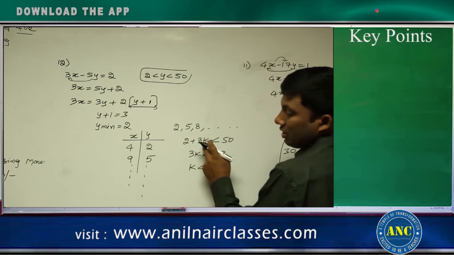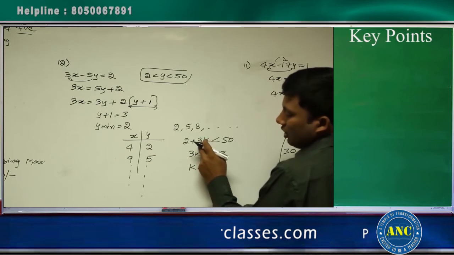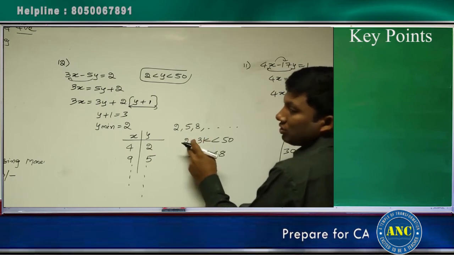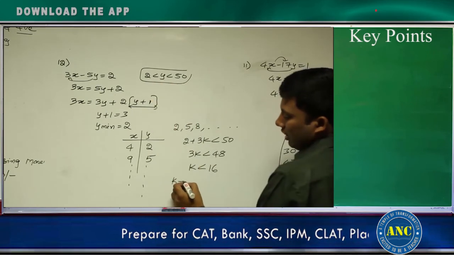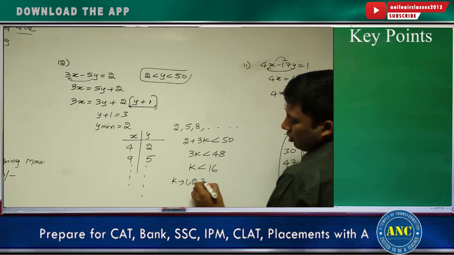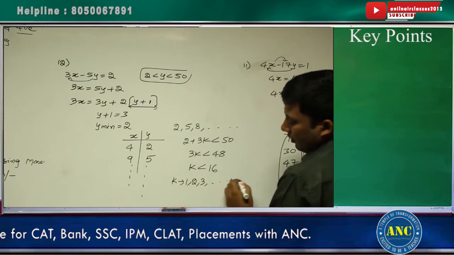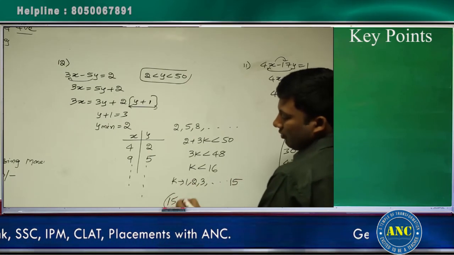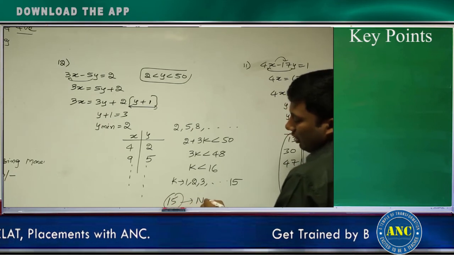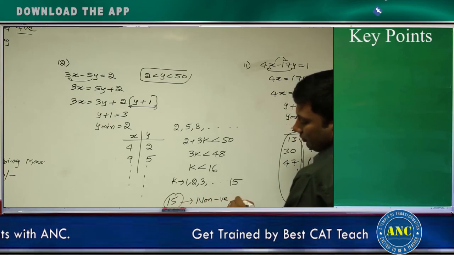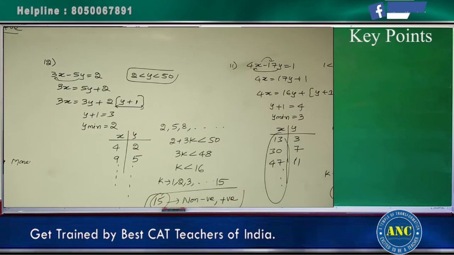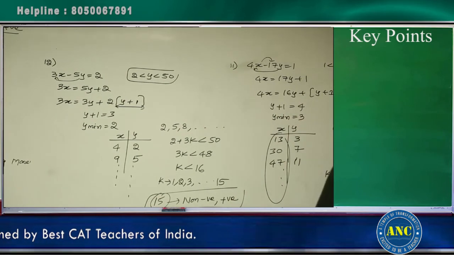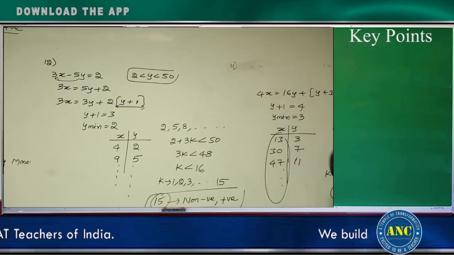Can k take 0? If k takes 0, 0 into 3 is 0, 0 plus 2 is 2, but y should be greater than 2. So k will take 1, 2, 3 till 15. 1 to 15, how many? 15. 15 non-negative, 15 positive.